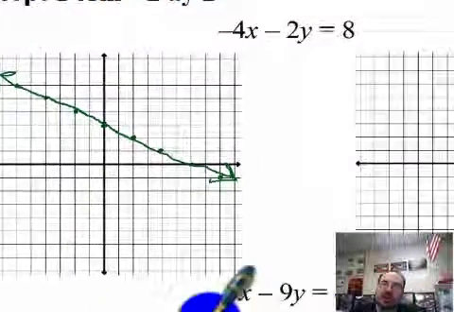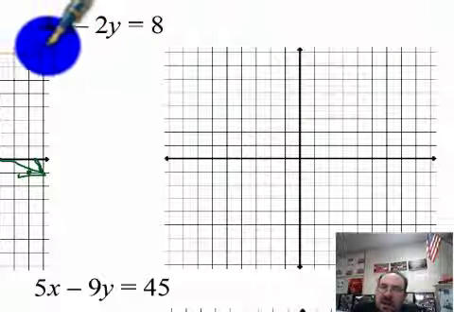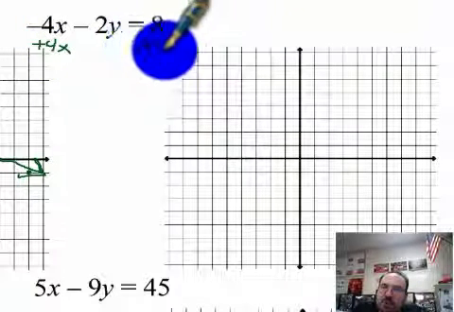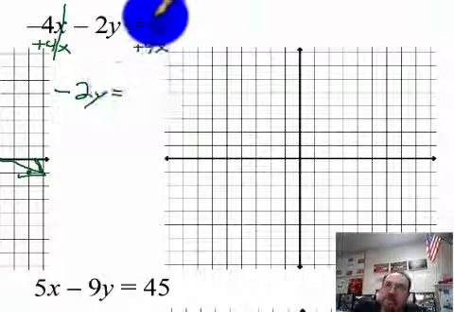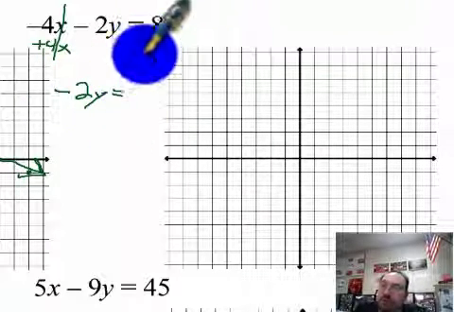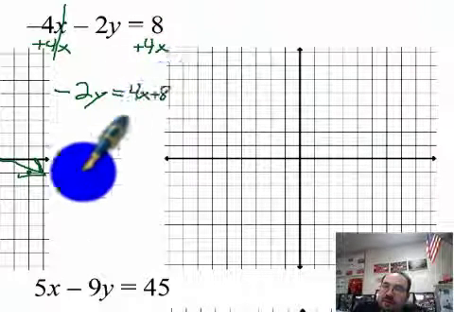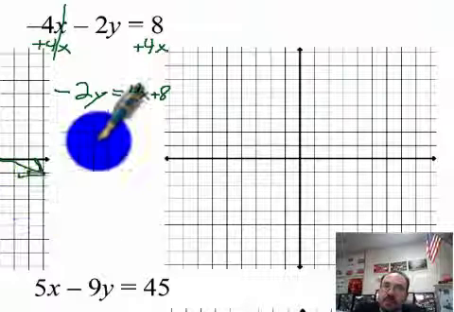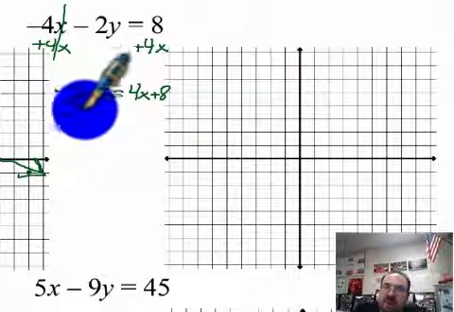Okay, so let's do another one here. I have a negative 4x, so I will add 4x to both sides. So I get negative 2y equals, okay, now the 4x and the 8 should not be combined, so you just keep the 4x in front, keep them separate, and then I will divide everything by negative 2.